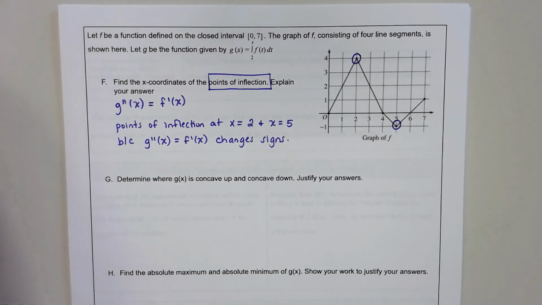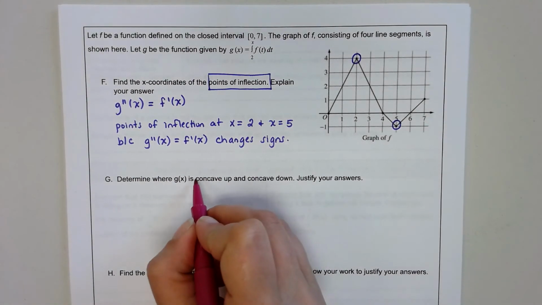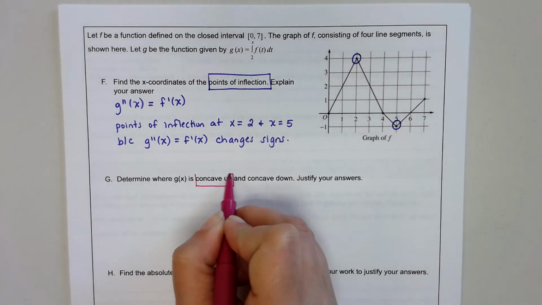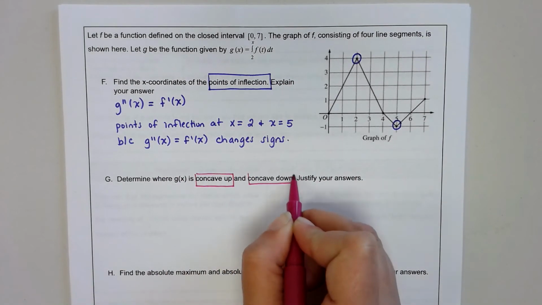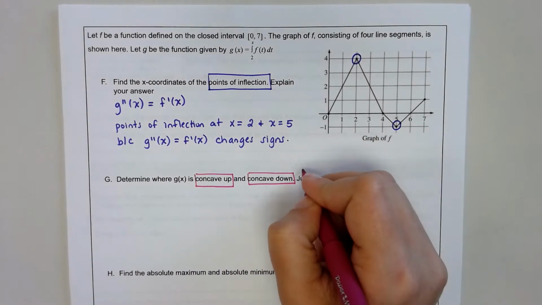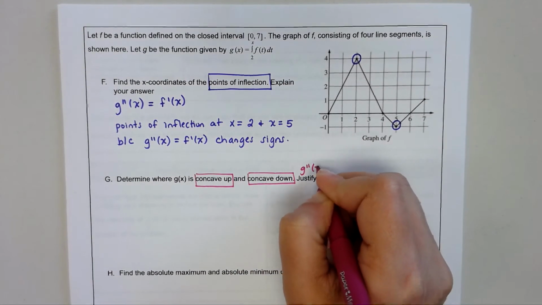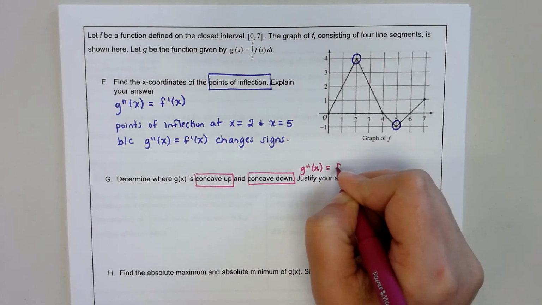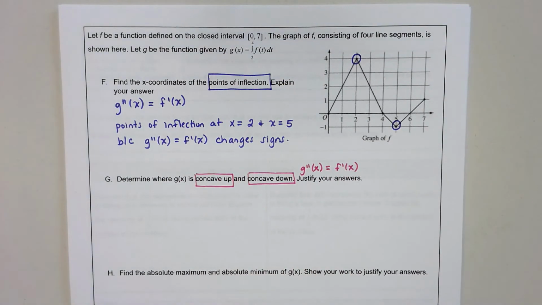As a follow-up, the next question asks us to specifically talk about where we're concave up versus where we're concave down. So we're looking at the sign of g double prime. And the second derivative of g is just the first derivative of f.